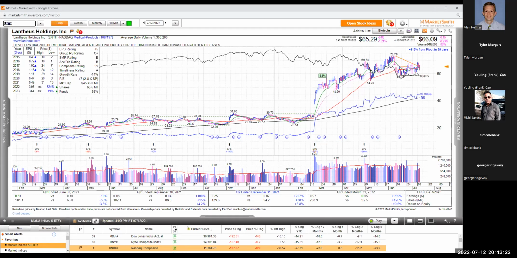Back when it was choppy over in June. Okay, so it made that new high right there. No, I tried to get it after the correction, thinking it hadn't been tightening up long enough, and I just got moved around and lost it.